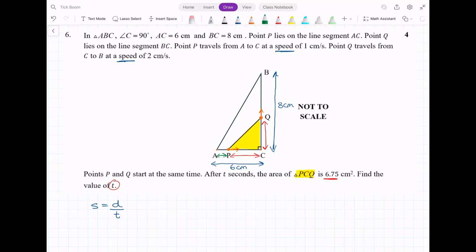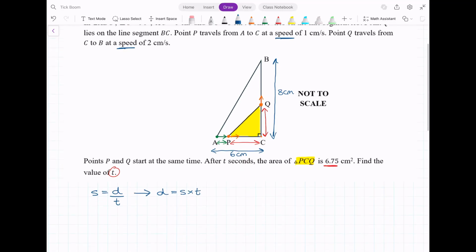If I've begun my journey at point A, and I want to know how far I've travelled after a certain amount of time, I'm essentially asking what is the distance from A to P after T seconds? With a simple rearrangement of the distance formula, the distance is equal to the speed times the time.